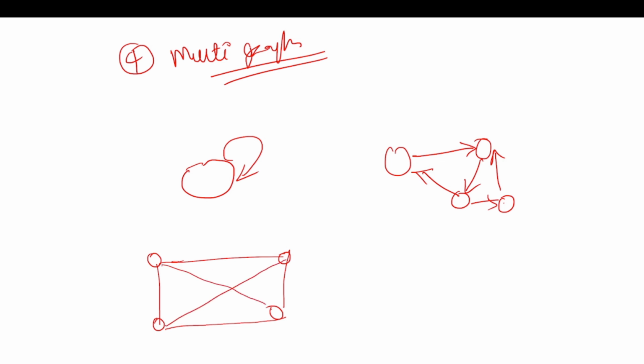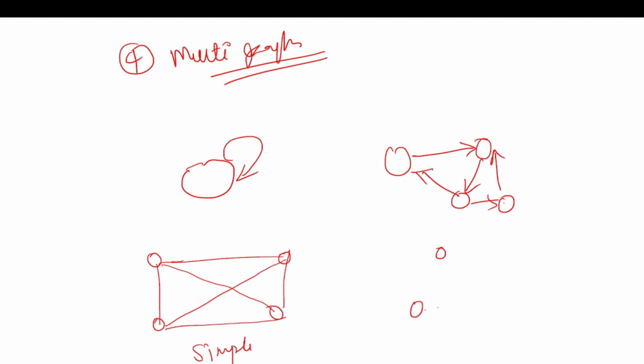Still this is a simple graph, right? Why? Because a simple graph is one in which both multiple edges and loops are disallowed. You cannot see that there is a loop, so we can say it is always the opposite of a multigraph. So what is a multigraph? Let's suppose we are given 2 nodes like this.